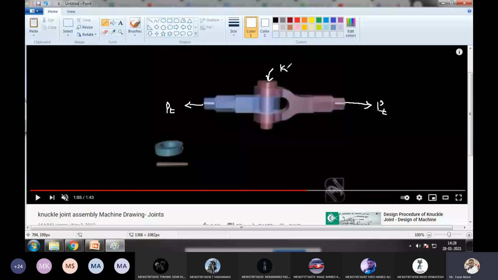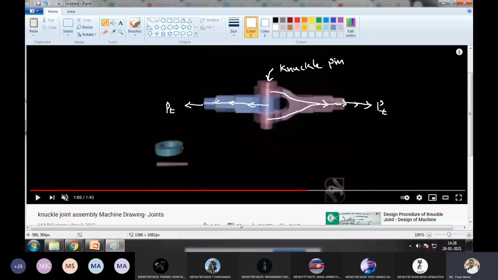Okay, so the tensile load is distributed on this pin in a tangential manner. So it means this tensile load, in this manner, is pulling. And this one is pulling outside in this manner.